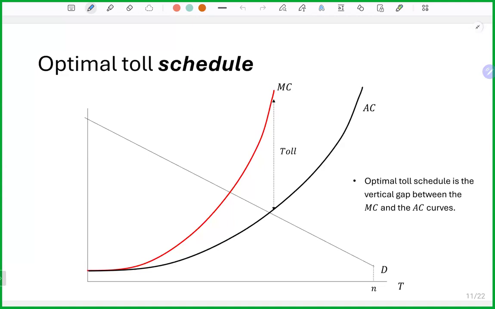So by definition, this is a function of t. It is the vertical gap between the MC and AC curves, which we described here.